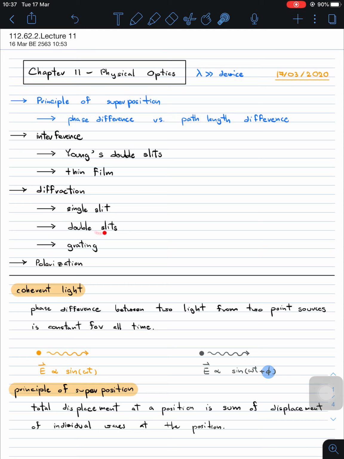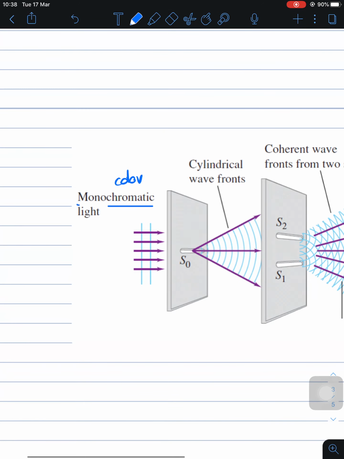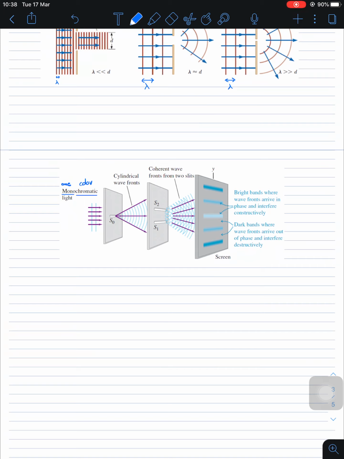This is going to be the experimental setup of the Young double slit. The first thing we have is monochromatic light. Don't forget that monochromatic means that the wavelength is constant, because chromatic just means the color, and mono means one. So one color is one wavelength, because each color corresponds to a wavelength.